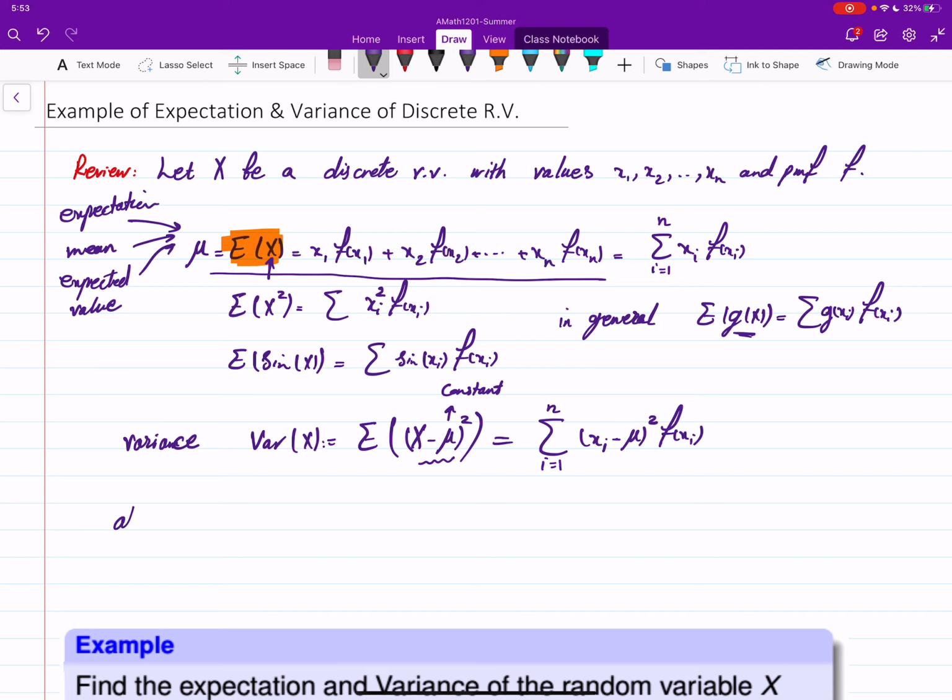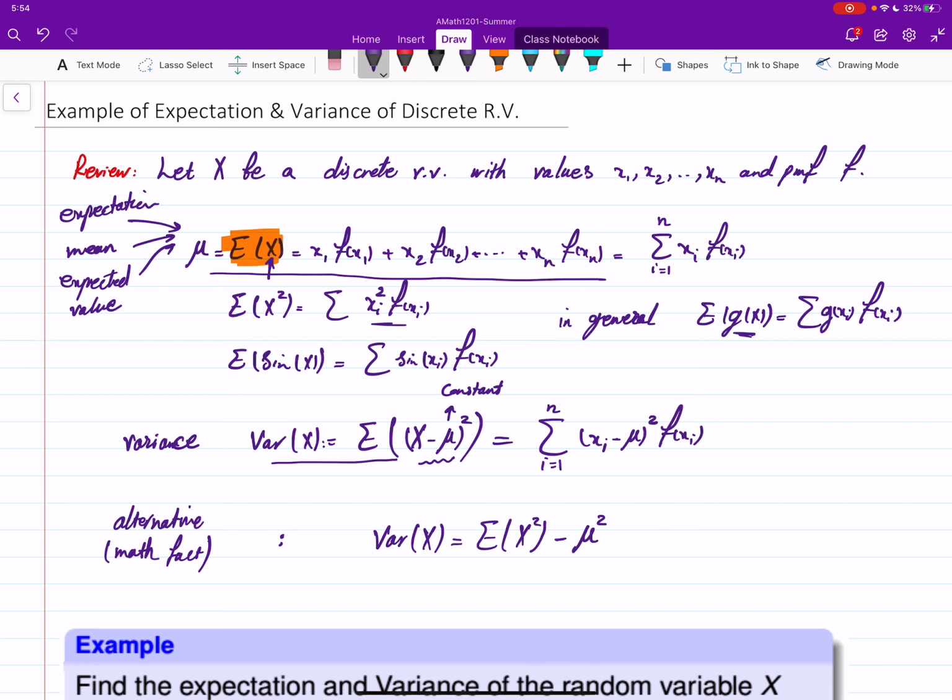There is an alternative way to calculate this. This is a mathematical fact. It needs some proof, it's not difficult, but this is what you will see. The definition of variance is E of (X minus mu) squared, but one can show that variance can also be calculated this way: I first find E of X squared, then subtract the expectation of X itself, which I already calculated, squared.